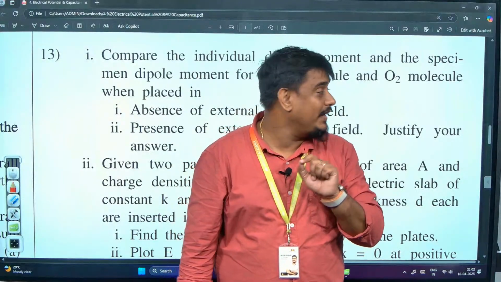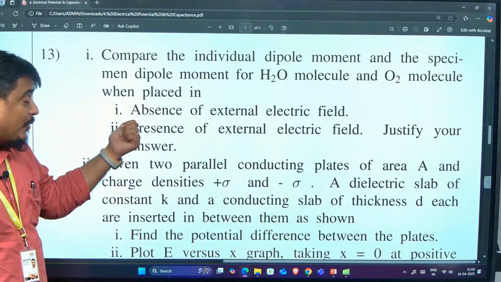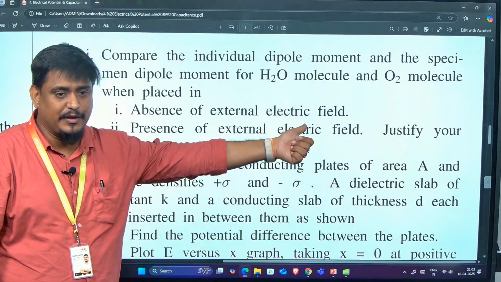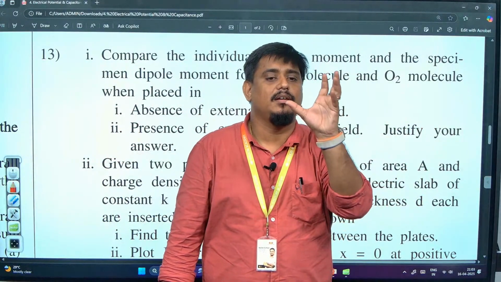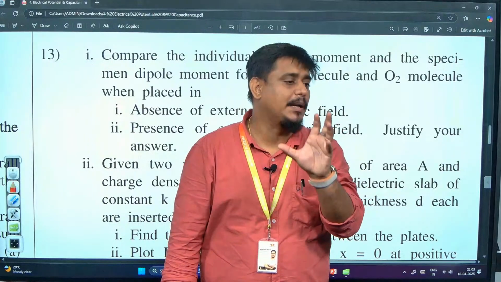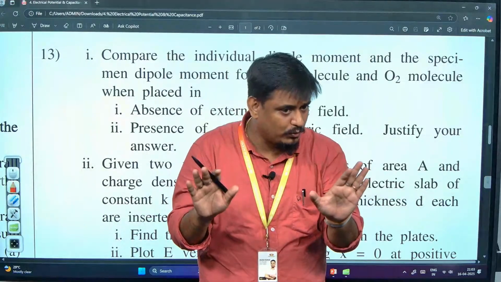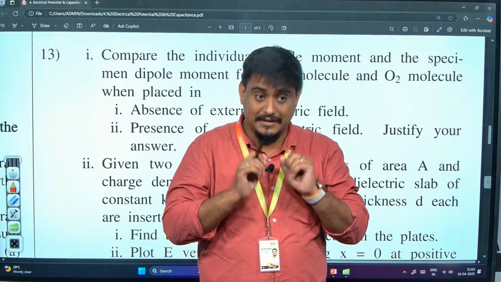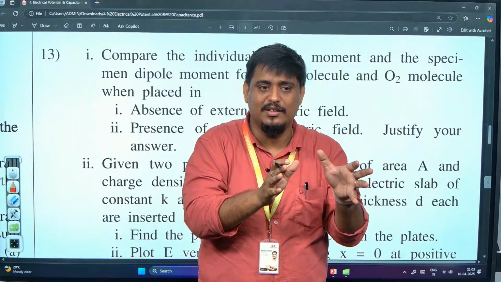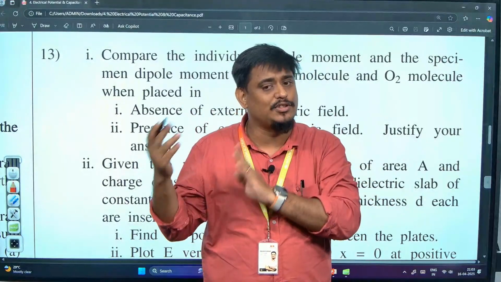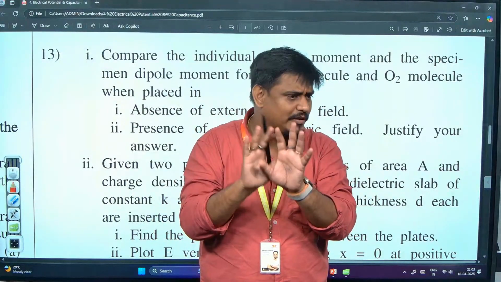Now, I have talked about the absence of external electric field. In the absence of external electric field, a polar molecule has dipole moment and a non-polar molecule has no dipole moment. But a substance made up of polar molecules also has 0 dipole moment, because dipoles are arranged in random directions, so the net dipole moment is 0.